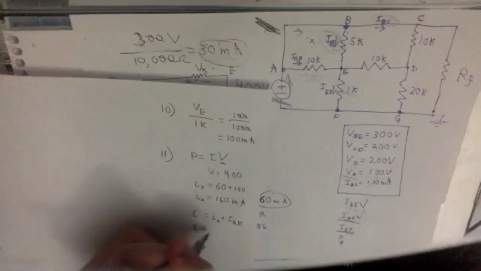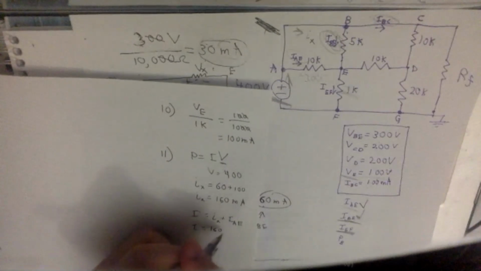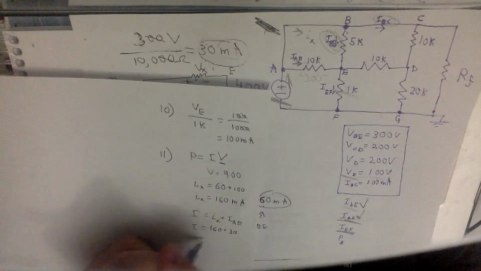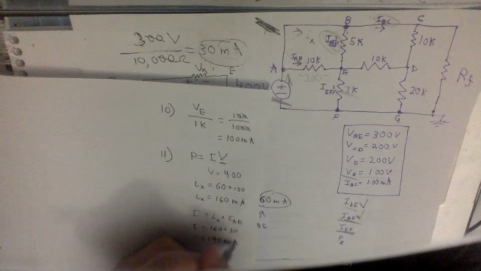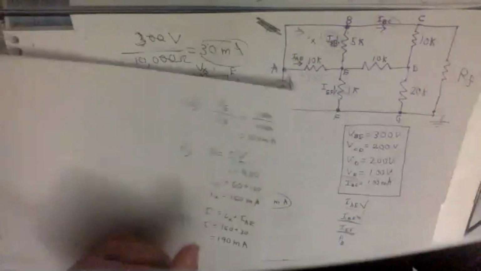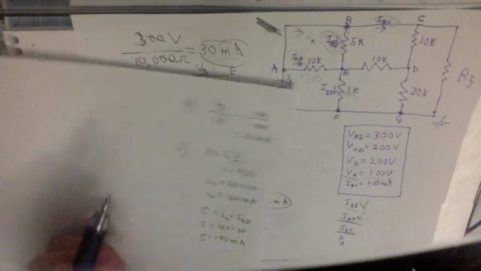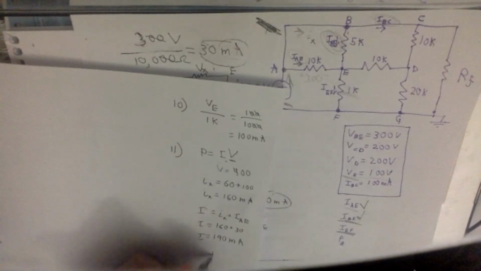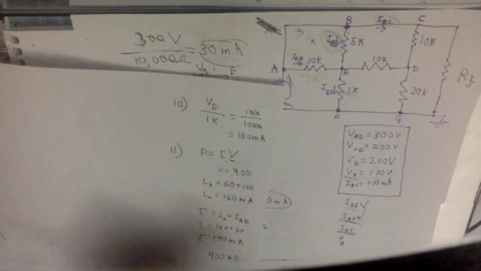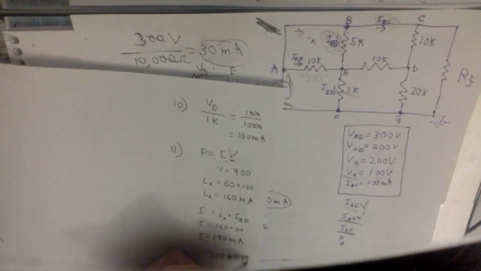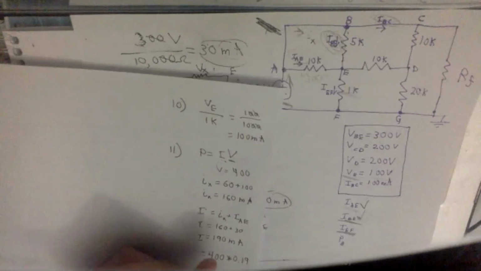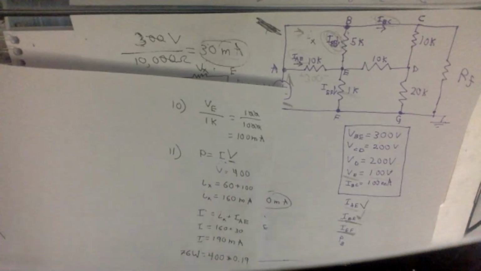So I is going to equal 160 plus 30 equals 190 milliamps. So now that we have that, we can plug it into this equation up here. 400 times 0.19 is going to equal, what is that? 76 watts.